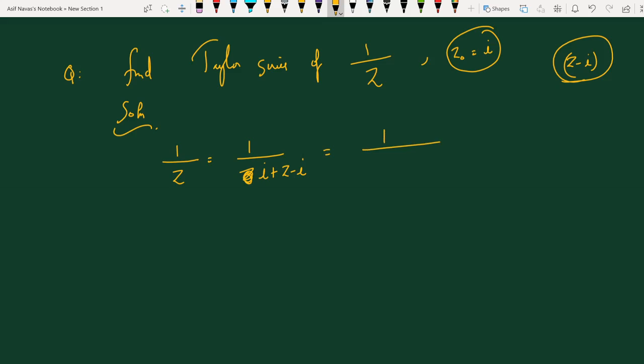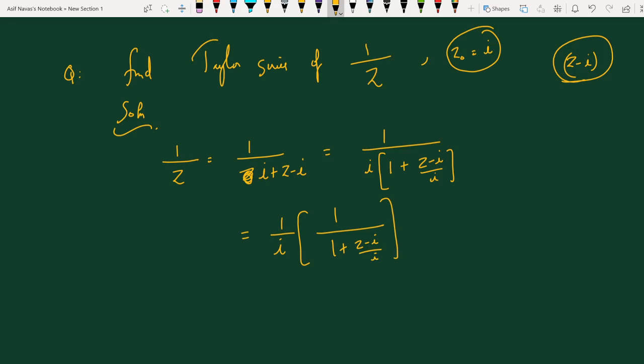If I take I outside, this is equal to 1 by I into 1 plus z minus I by I. So this is equal to 1 by I into 1 by 1 plus z minus I by I.